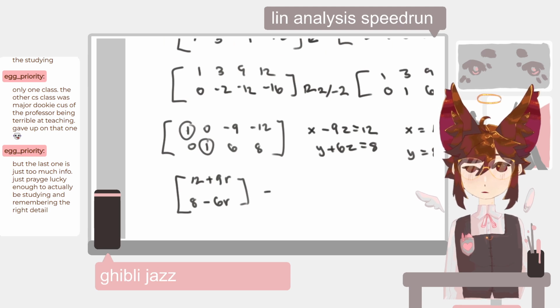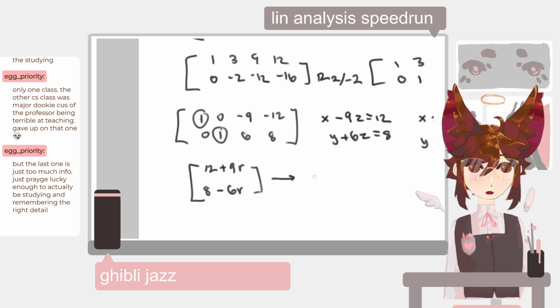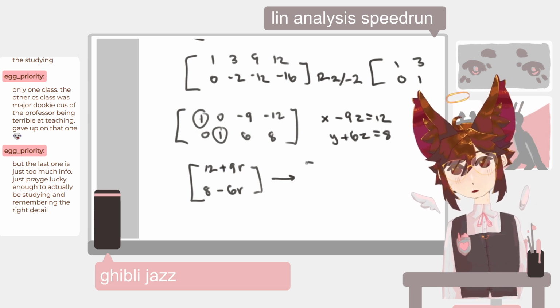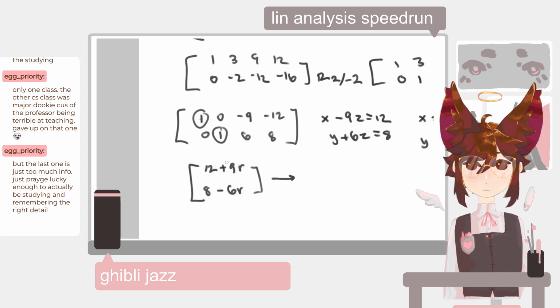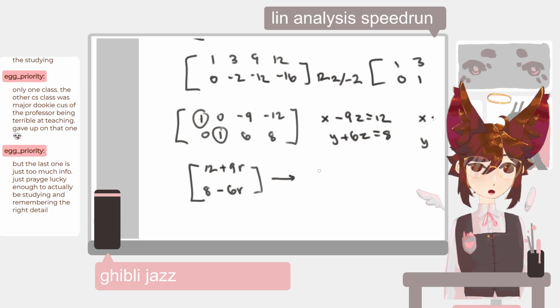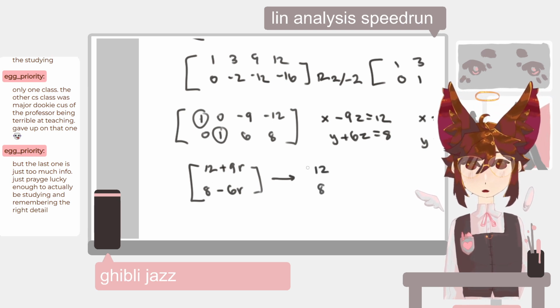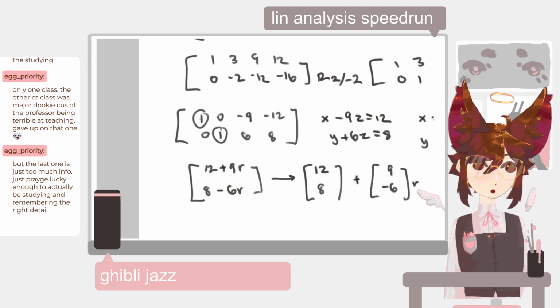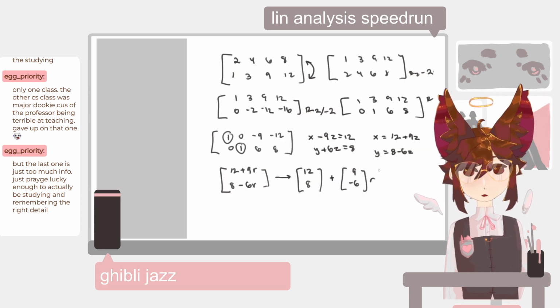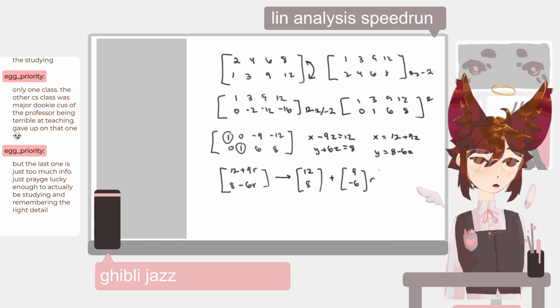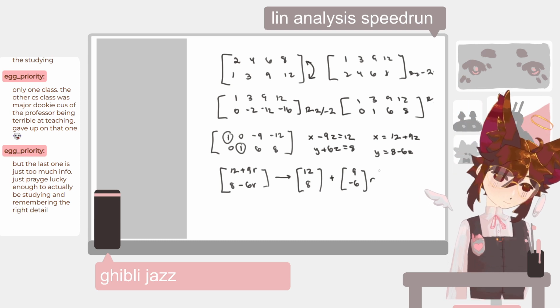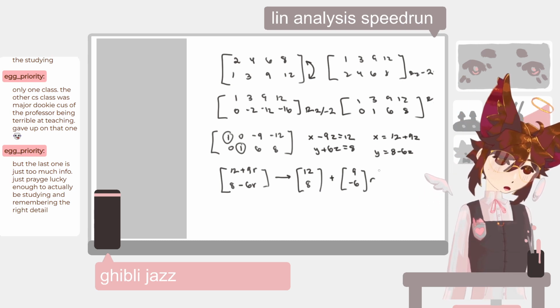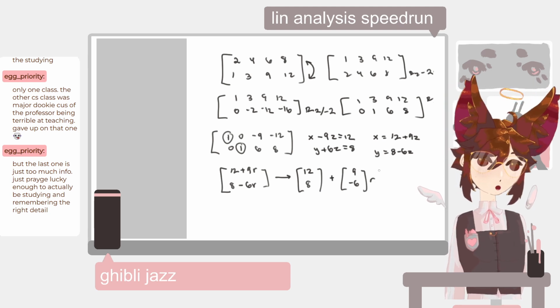And if we split this up into a linear combination, which is just a fancy way of saying 2 vectors that are added, right? Because we know when we add matrices, this is just an addition. We can say this is the vector 12, 8 plus the vector 9, negative 6, times r. And so what this is telling us is that our solutions for this system are a line.